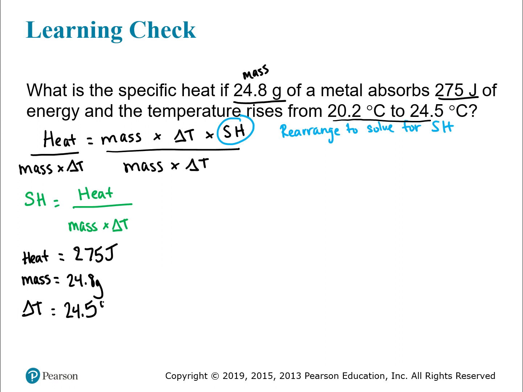So the final temperature minus the initial. And when you do that math, you should get 4.3. Now that we've got all of this information, we can plug it into our equation for specific heat.